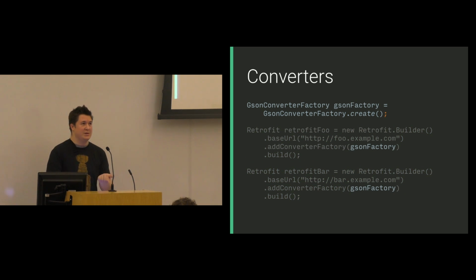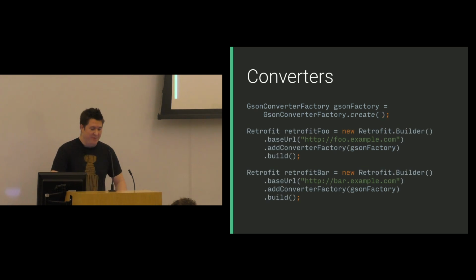So now you have a single JSON instance, which is really nice because if these two Retrofit interfaces that you define share any object in their model, even the Java ones like map and stuff, if you have a user object in both your interfaces for Retrofit foo and your interfaces for Retrofit bar, the JSON's internal model only has to look up and figure out how to serialize a user object once. Whereas if you had them separate, it would have to do that expensive work twice. So again, this just comes down to recognition.